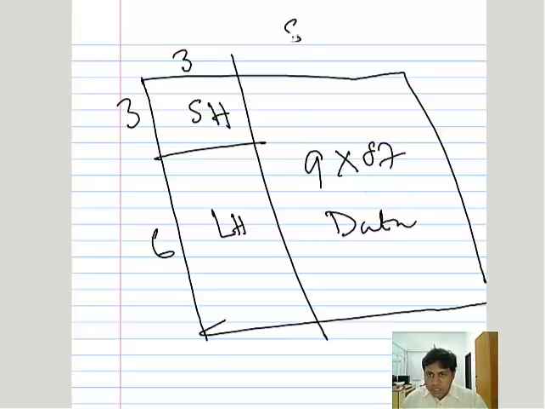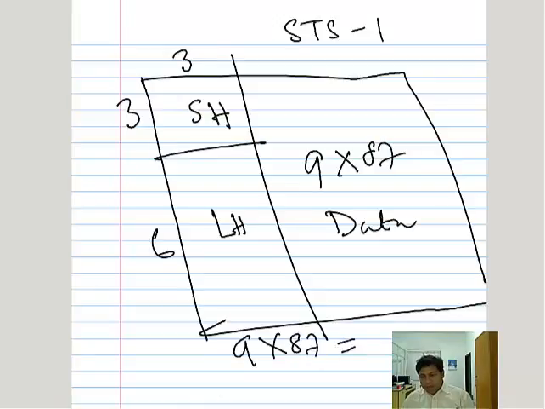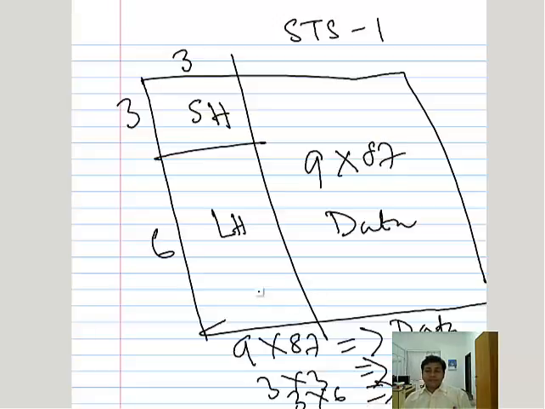So this is STS-1. If you see the overhead, 9 into 87 is for data, 3 into 3 is for the section header, and 3 into 6 is for the line header. So these are the SONET details.